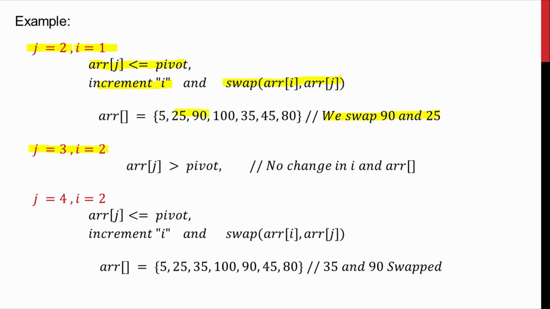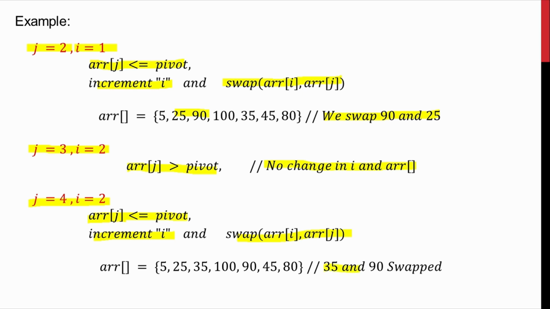Then j is equal to 3, i is equal to 2. Now the jth element is greater than the pivot, no change in i and no change in the array. So j is equal to 4 and i is equal to 2. Now the jth element is less than the pivot, so increment i and swap the ith element with the jth element.